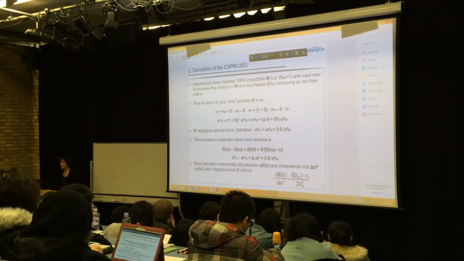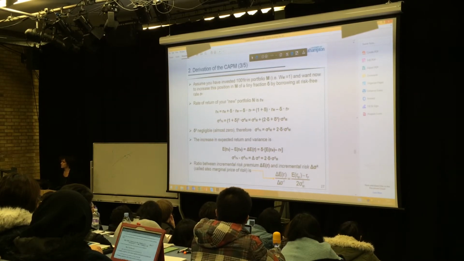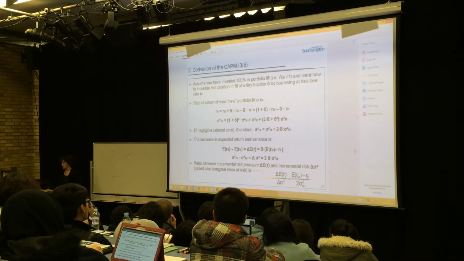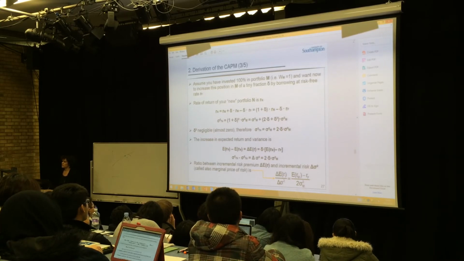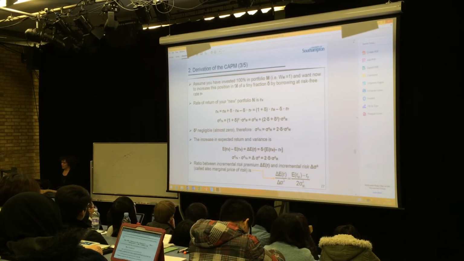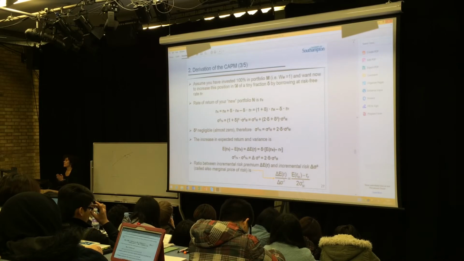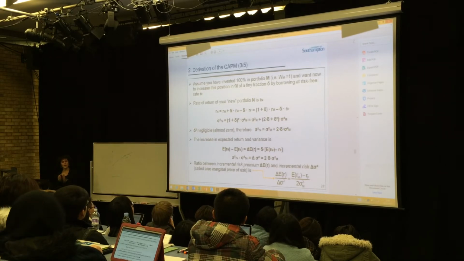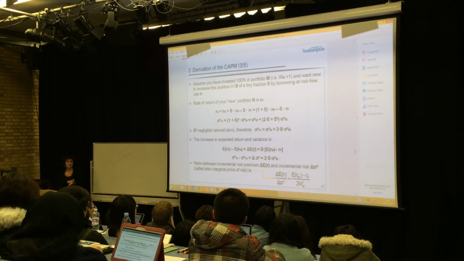I assume that I invest 100% of the money in the portfolio M. This means that the weight of portfolio M is equal to 1, because I put all the money there. I want to know what is going to happen if I invest a little bit more money in M. By the assumption of the model, if you remember, investors can borrow and lend money at the risk-free rate.